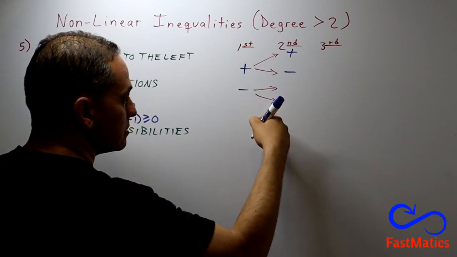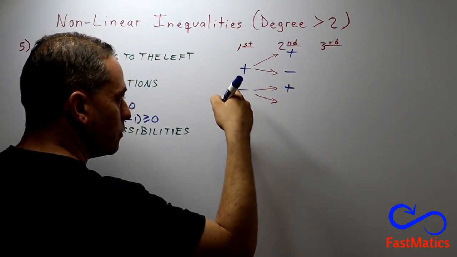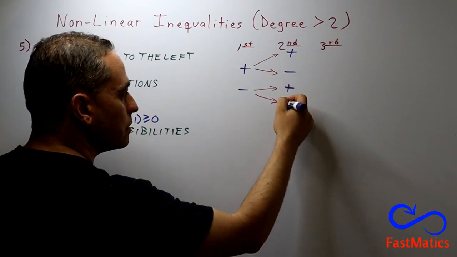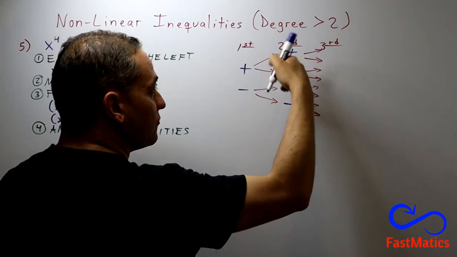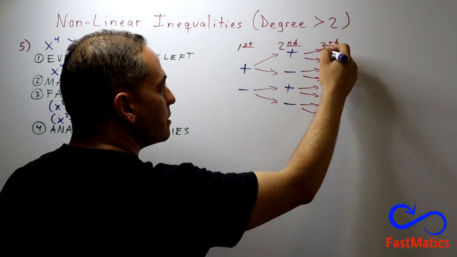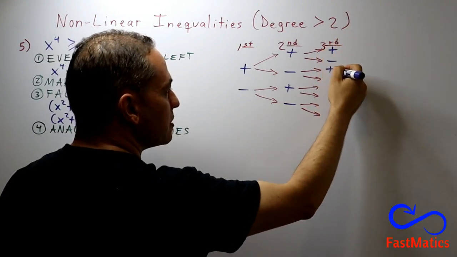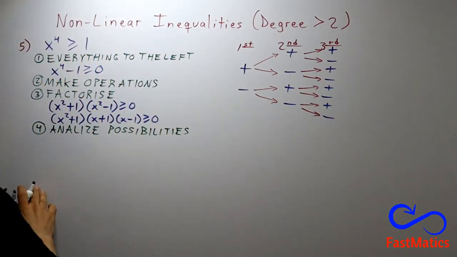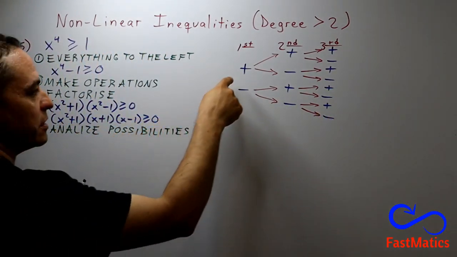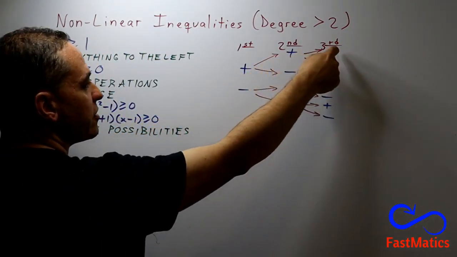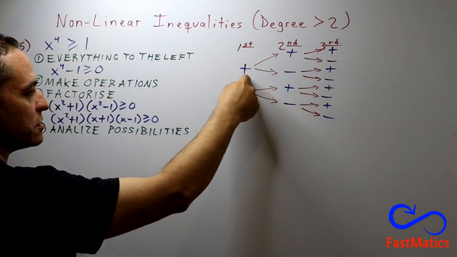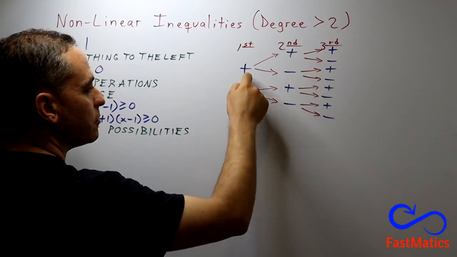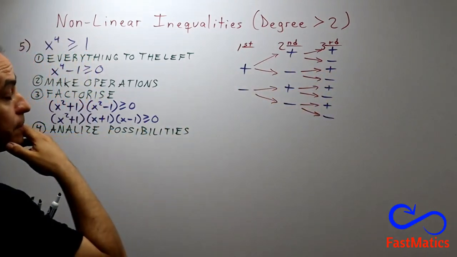Here, the same thing. If we have the first parenthesis negative, the second can be positive or negative. After that, the third parenthesis can be positive or negative. That means the first could be positive, the second positive, the third positive. The first positive, the second positive, the third negative. Positive, negative, positive; positive, negative, negative; etc.